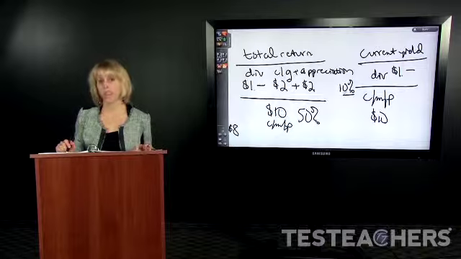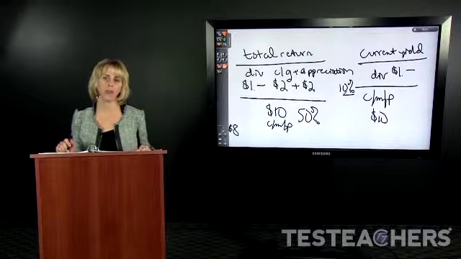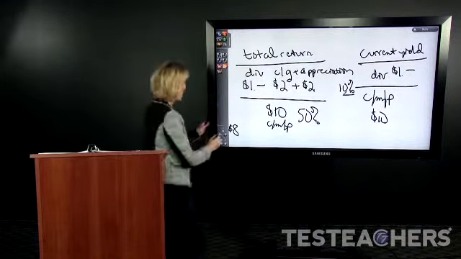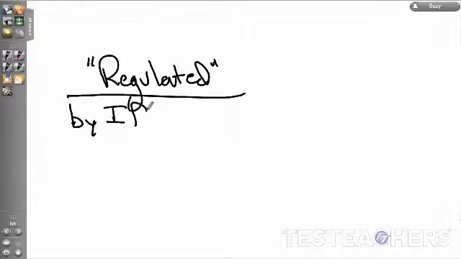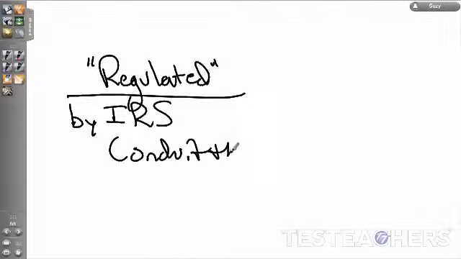The conduit theory, what's called Internal Revenue Code subchapter M. If a mutual fund is described as a regulated fund, regulated by the IRS, what it means is they follow the conduit theory.